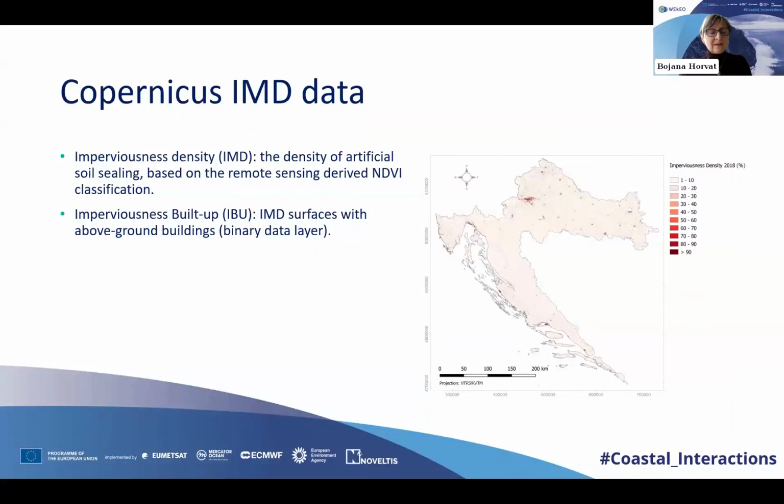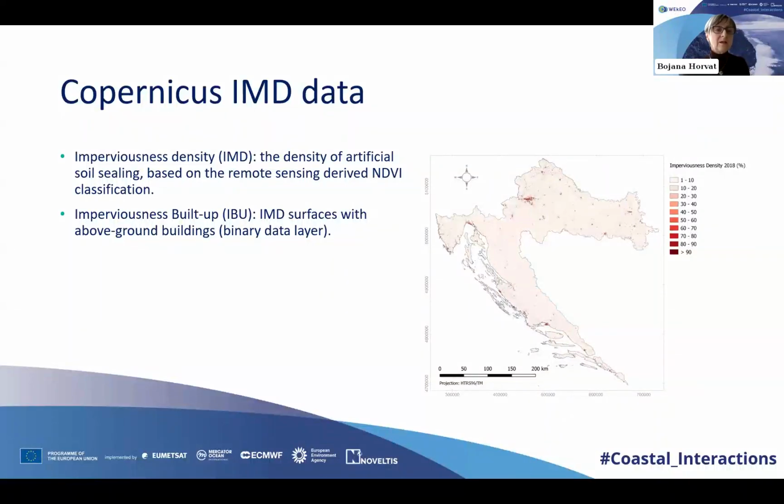Along with land use and land cover data, we also used imperviousness density data that is also available from Copernicus in raster format. It has a 10 meter spatial resolution. And along with IMD data, we also used the impervious built-up areas that are derived from IMD data.